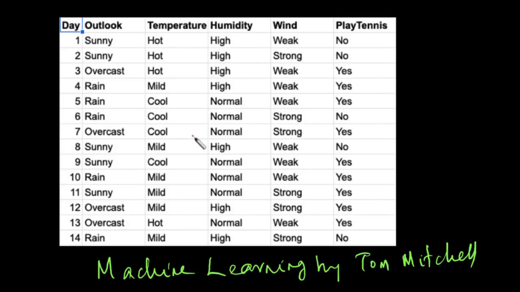Now we obviously need a mathematical formulation to figure out which of these attributes you want to place at the top. And once you have decided that, you want to then figure out which is next, which is next, and so on. There are, as it turns out, many different ways of doing this. But one of the most important ways of doing this is by using what is called entropy.